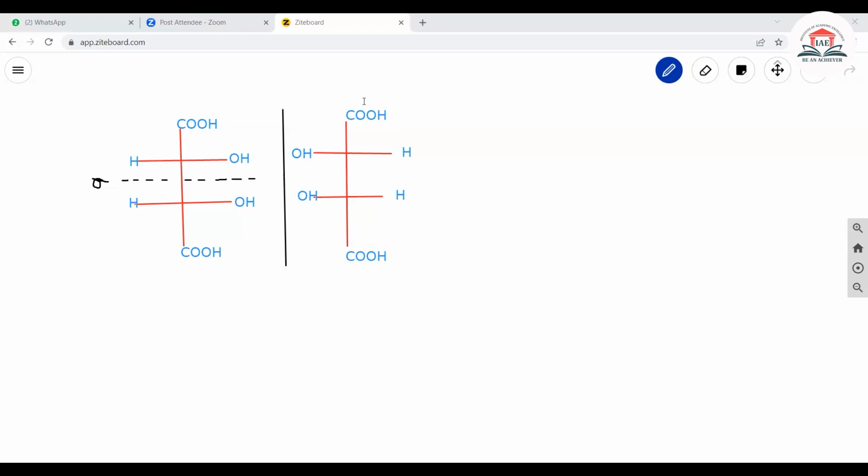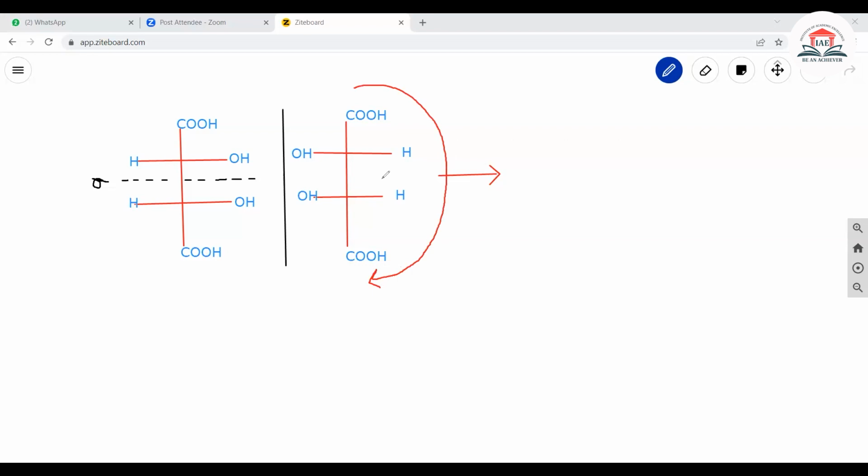Okay. So now let's rotate this molecule by 180-degree in plane of paper. You cannot rotate the molecule out of plane. Like you cannot rotate it upside, like you cannot just rotate it out of the plane. Okay, you are only rotating it like this. You can do that, but you cannot do it out of the plane.